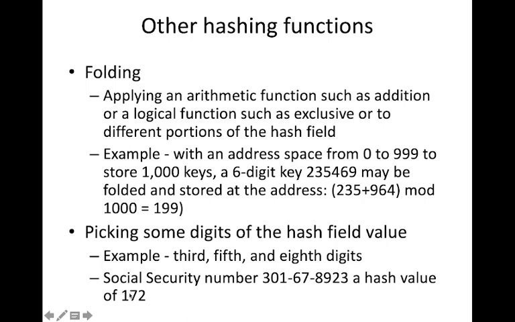So we get the answer 172. This is the hash function value, so the details of this person will be stored at the 172nd record. This is another hashing function: we simply pick some digits of the hash field value. We will write in the program how to pick up those digits.